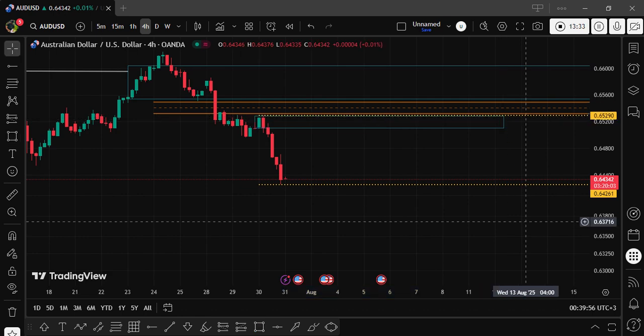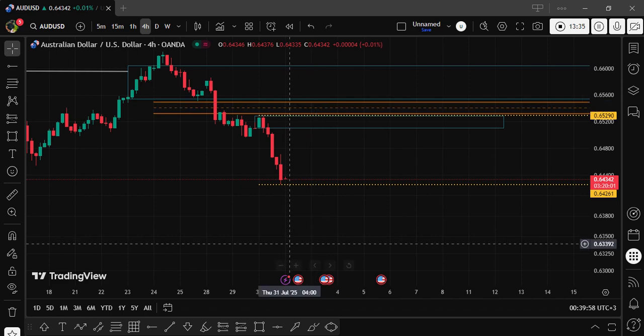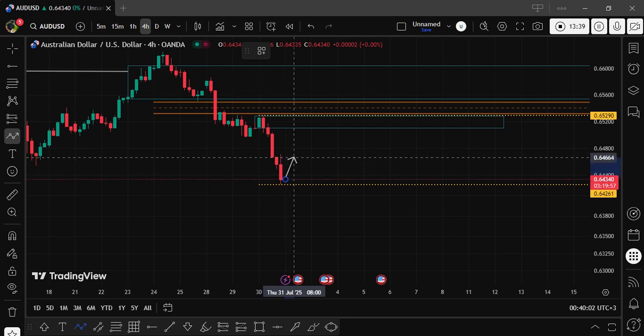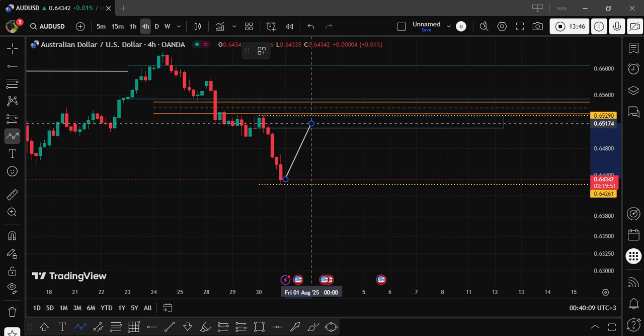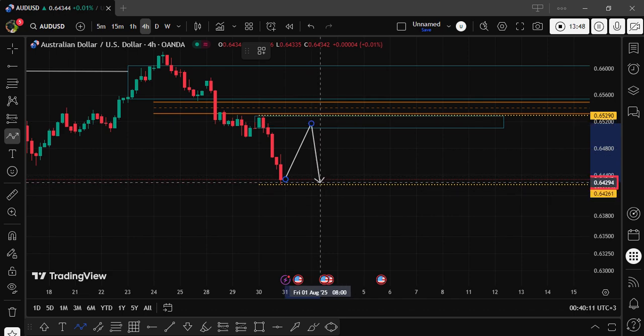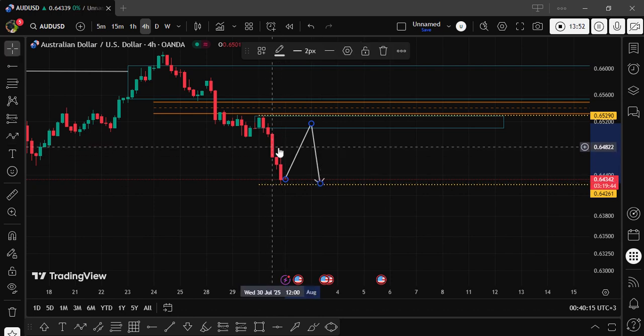So you should not fear if price comes back, and there's a rejection on the 4 hour, you can actually look for entries targeting this low. There's no problem with that, because if you can see, this fair value gap is now invalid.